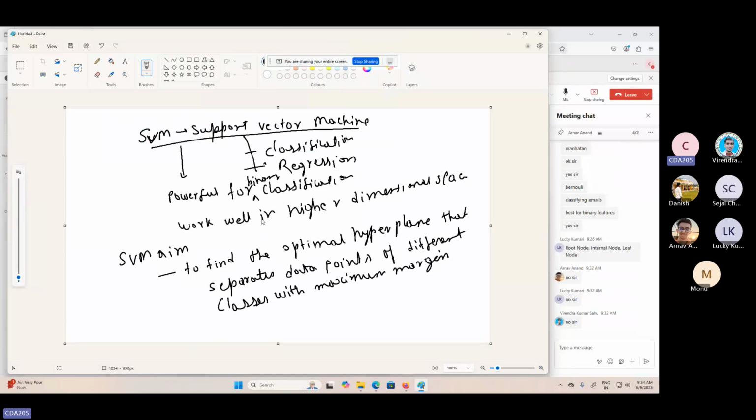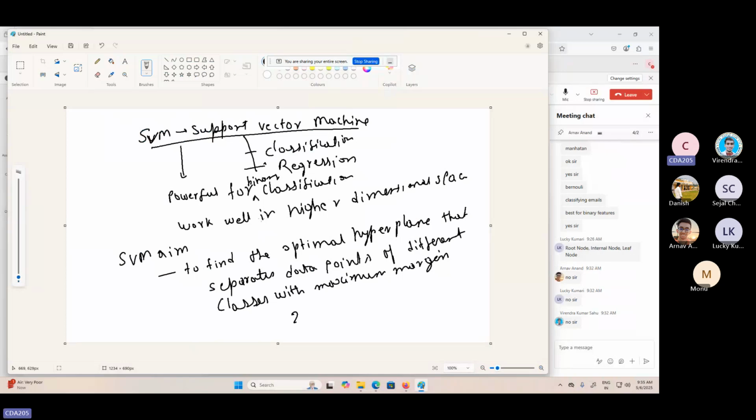This is the main goal of SVM: it finds the optimal hyperplane that separates the data points of different classes with maximum margin.